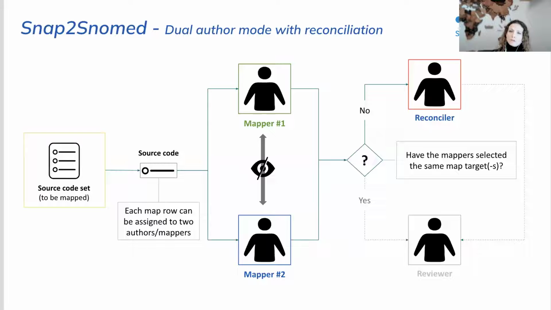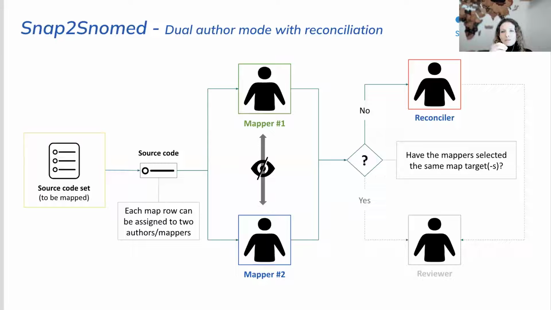And this is good to ensure a high quality map, because sometimes you may have doubt whether one concept or another concept is right. Having two people who understand the context and who understand SNOMED selecting the same concept for a target code is a good indication that that's a good selection, and a good way to ensure that the underlying semantics is correct.